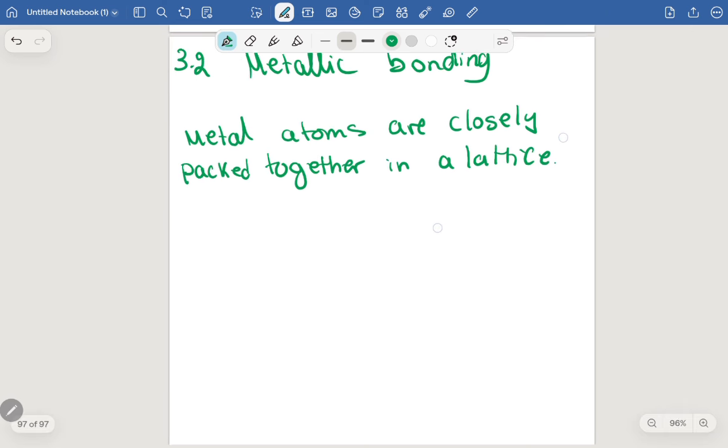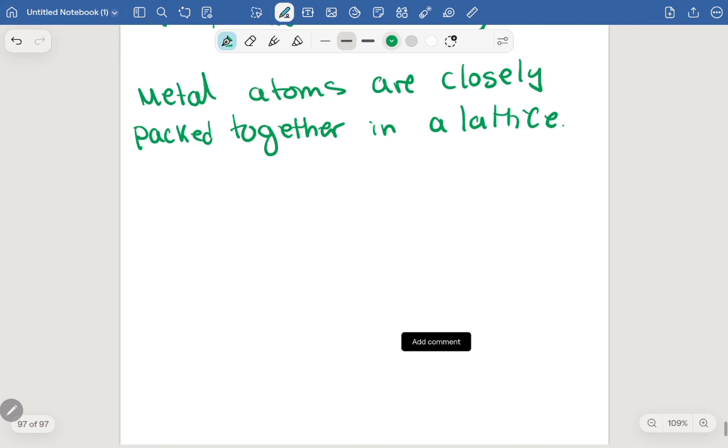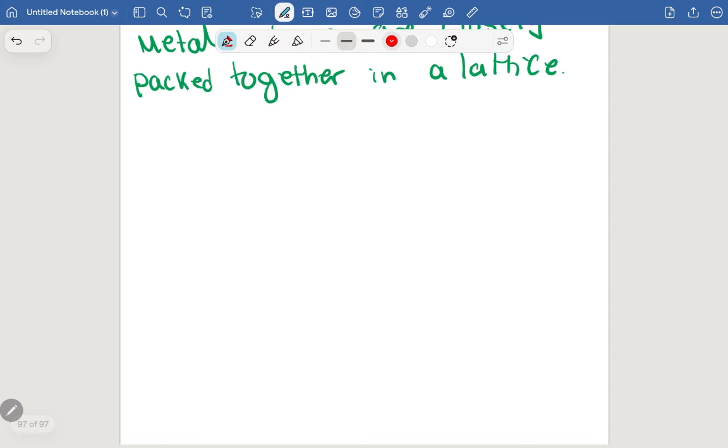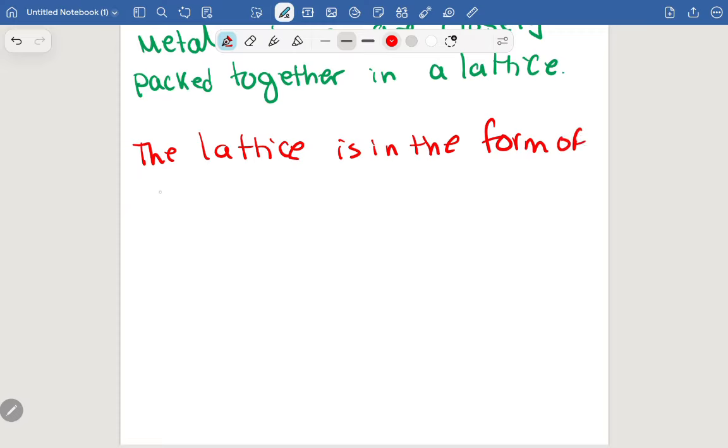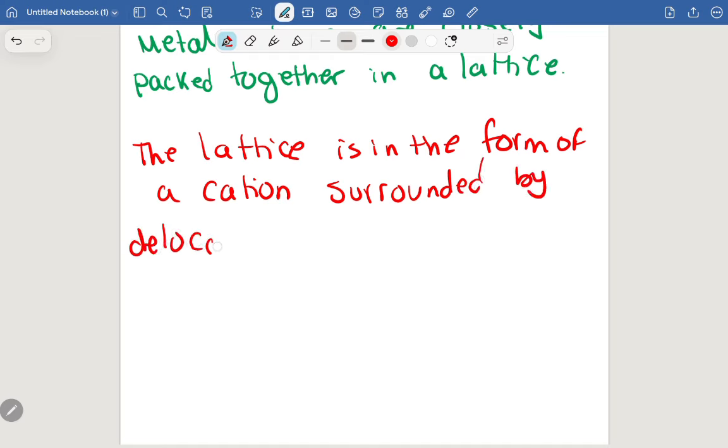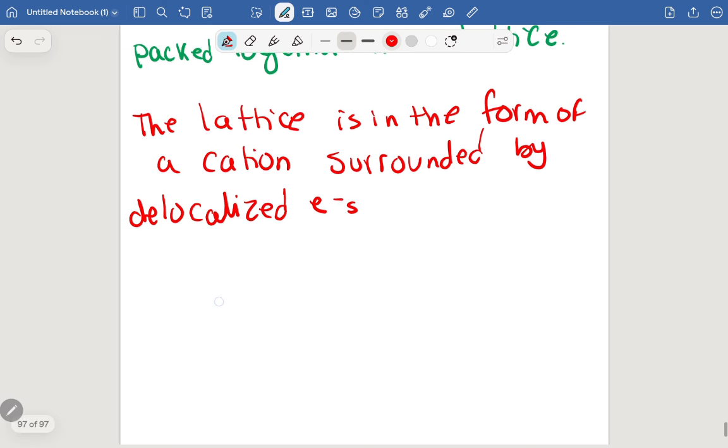It's in the form of a cation surrounded by a bunch of delocalized electrons, e-.